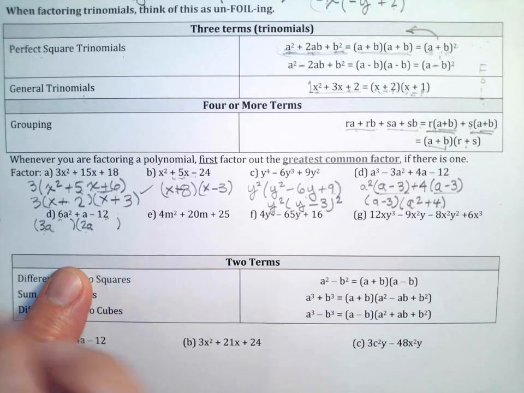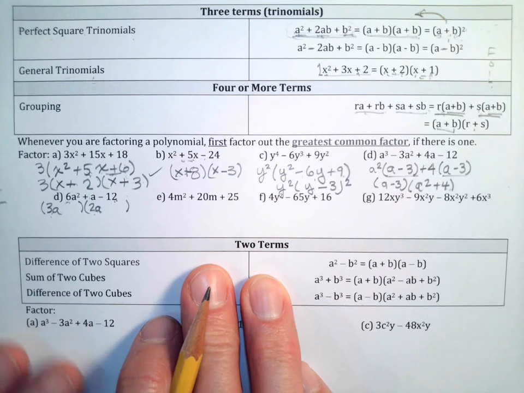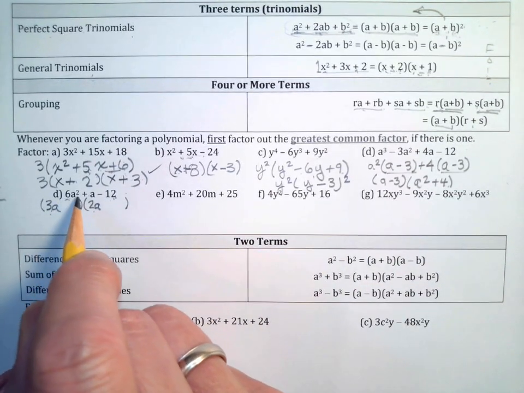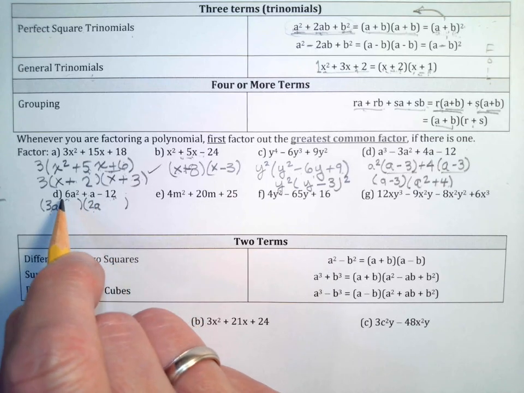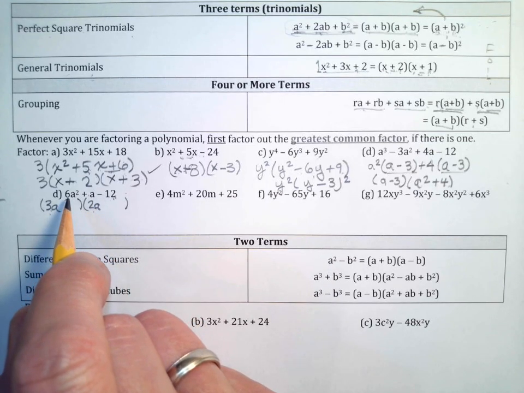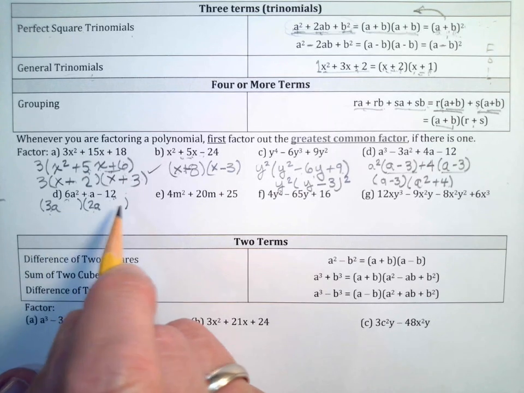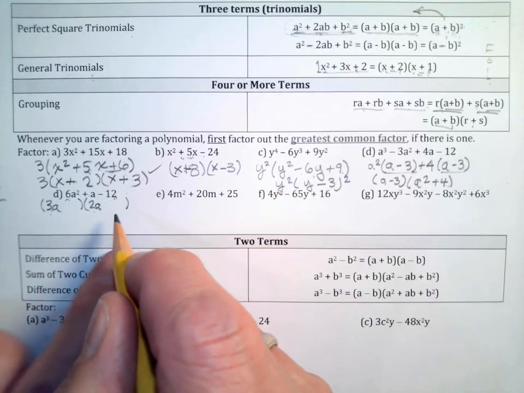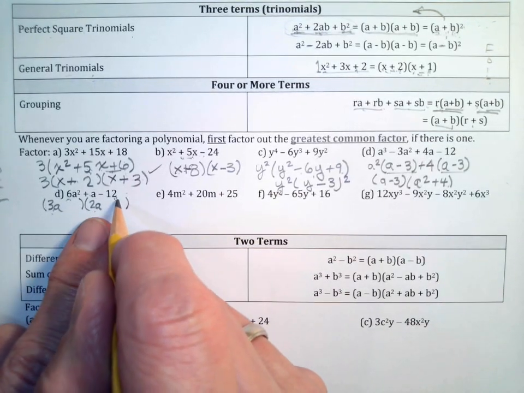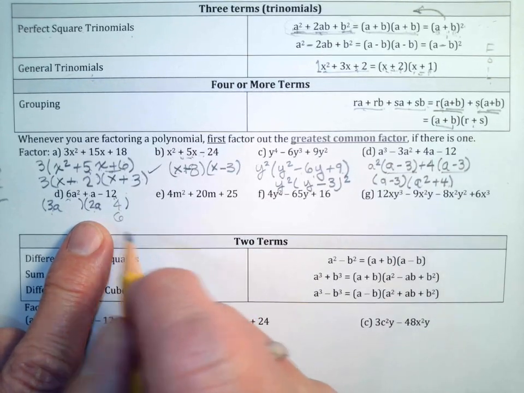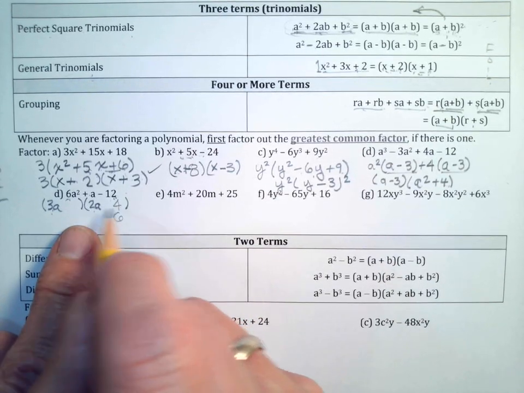Now, let me just say one little thing that middle school teachers tend to not teach you. There was no GCF in the original problem. There will not be any GCFs in this binomial or this binomial. So that means the number I put next to this cannot be even. It can't be a 4. It can't be a 6, because then there'd be a GCF in this binomial.